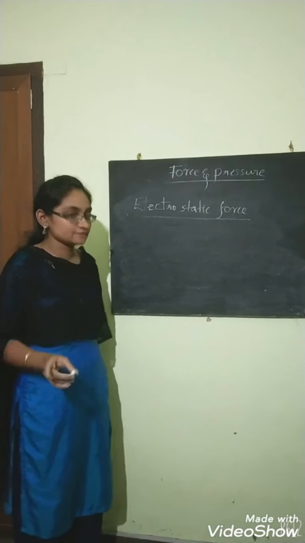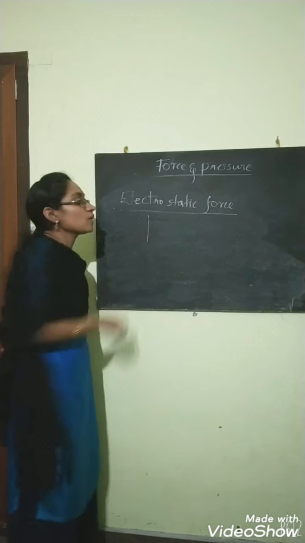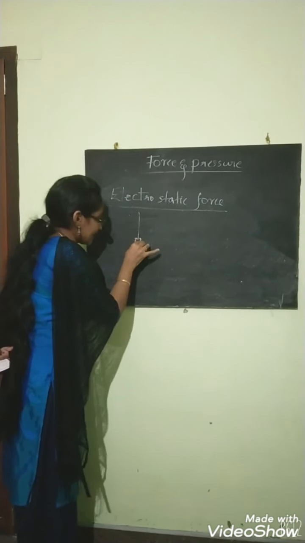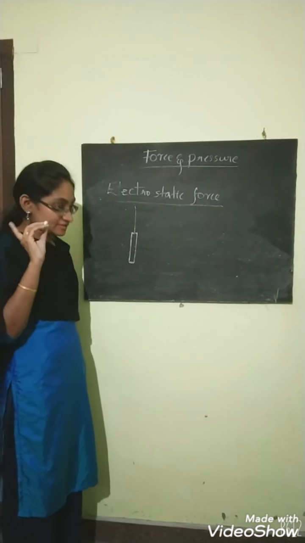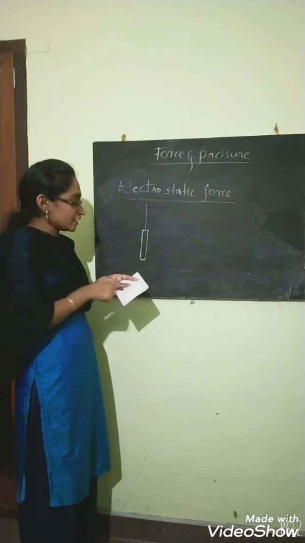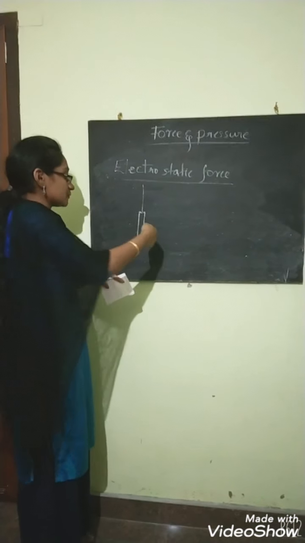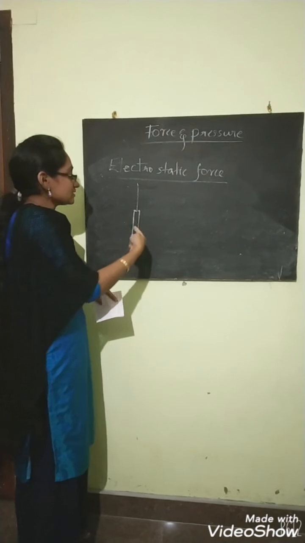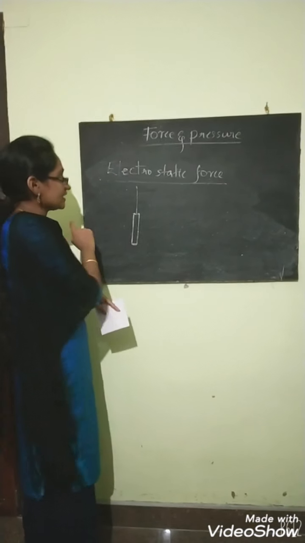In your textbook, they mention an experiment using a straw which is hanging simply like this, and taking another piece of straw, we rub it on a paper. After rubbing for some time, we put this straw near the hanging straw. And then we can look at what happens to this straw. That is our experiment.